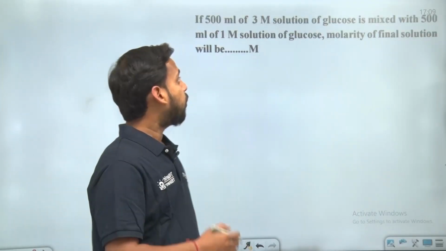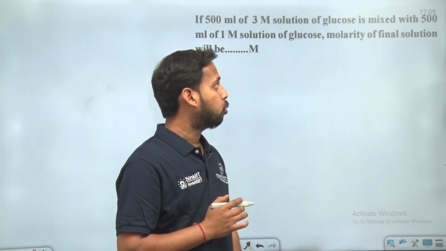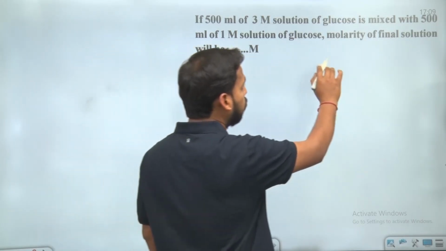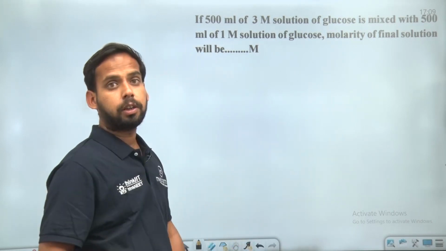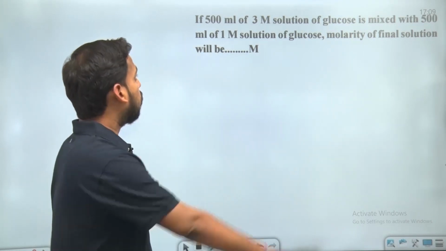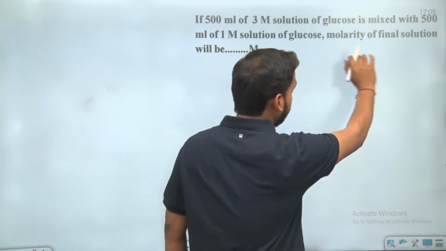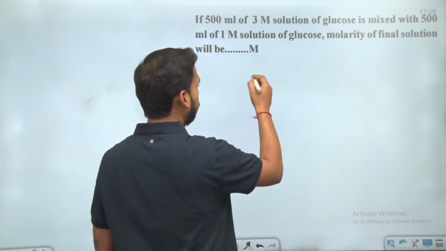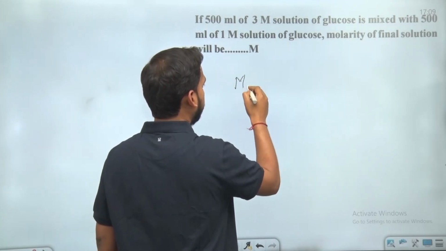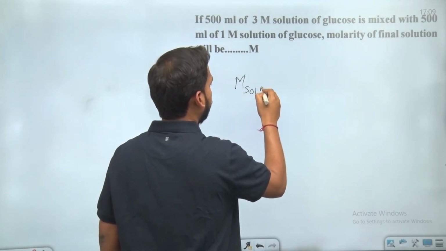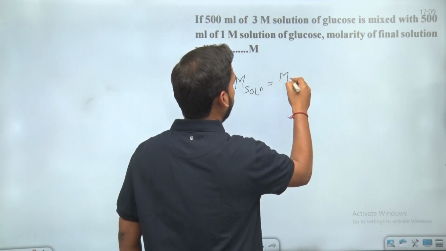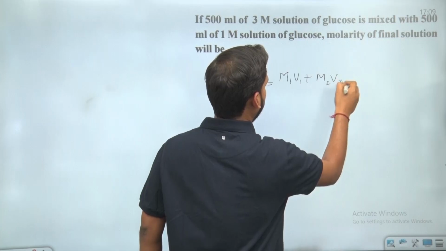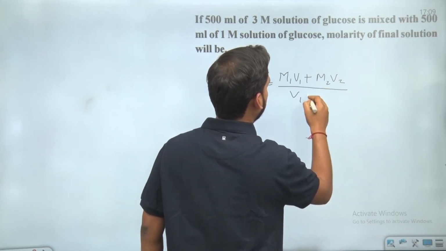Next question, if 500 ml of 3 molar solution of glucose is mixed with 500 ml of 1 molar solution of glucose, the molarity of the final solution will be. Here we have to calculate the molarity of the final solution. Molarity of final solution will be M1V1 plus M2V2 divided by V1 plus V2.